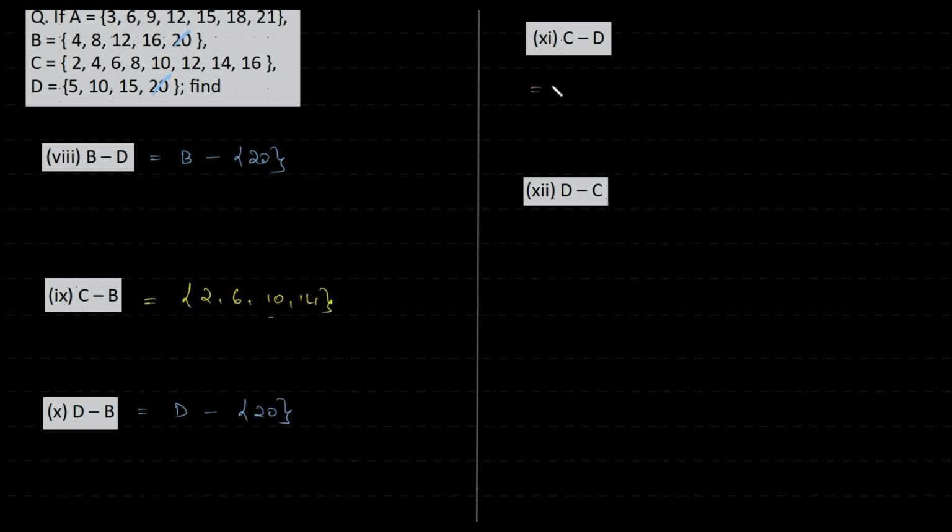Then this says C minus D. C and D, what are the common elements? So we're looking at 10 and nothing else. So there are a lot of elements. So what I will do is, I'll just tell C minus the element 10. And D minus C, I can just write it as 5, 15 and 20.